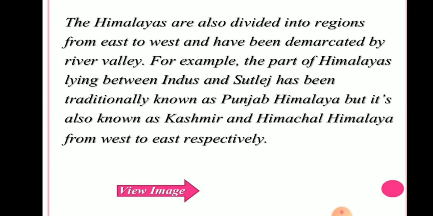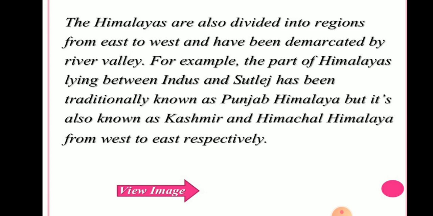After we complete these three parallel ranges of the Himalaya, we have the division of the Himalaya from east to west. The Himalayas are also divided into regions from east to west and have been demarcated by river valleys.